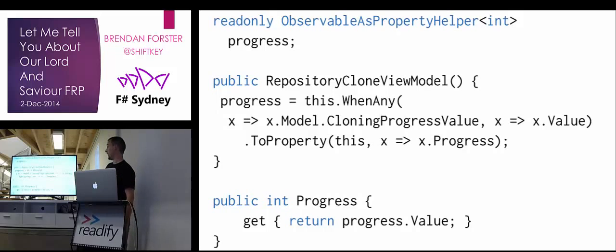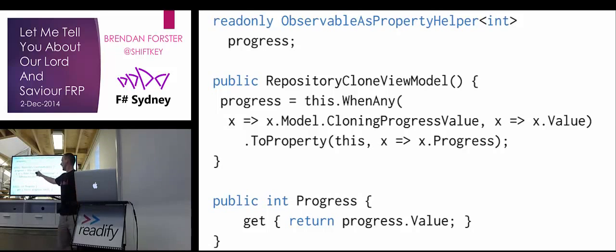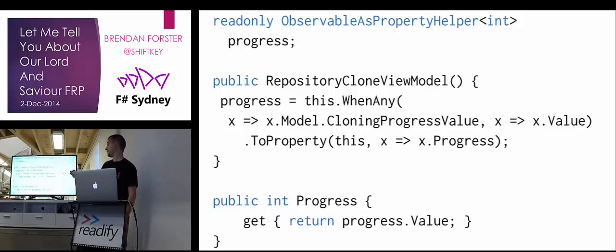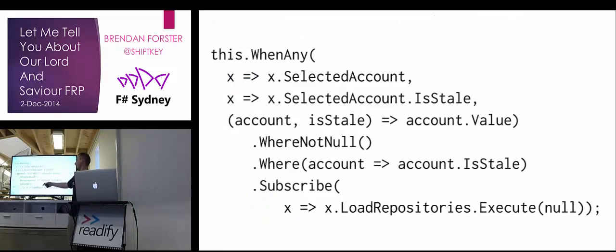This is then where the property comes into it. If I'm doing a clone of a repository, I then have this guy here. This WhenAny is ultimately the guy that takes care of raising all the changes. I can have a number of expressions like here; I had two of them, and I then combine them together.